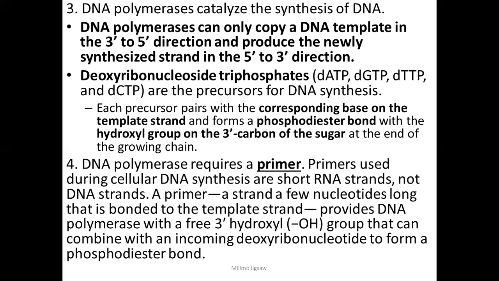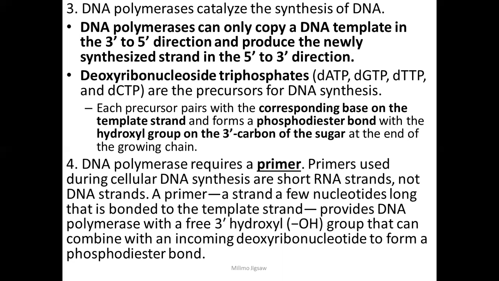However, DNA polymerase only copies a DNA template in the 3' to 5' direction. This poses a complexity and leads to what is called the lagging strand and the leading strand, as we are going to see further.